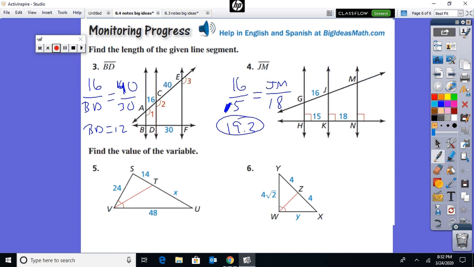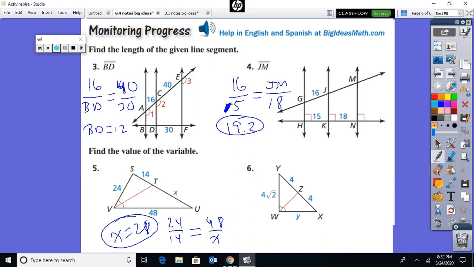All right, number 5 down here, I have 24 is to 14 as 48 is to x, and that gives me a 28 on that one.